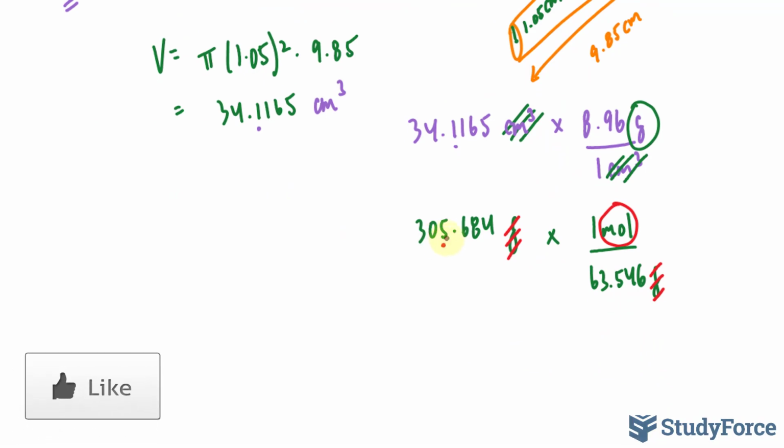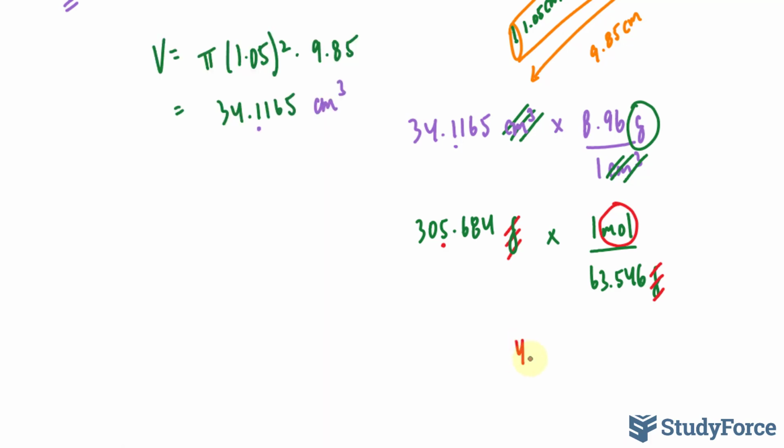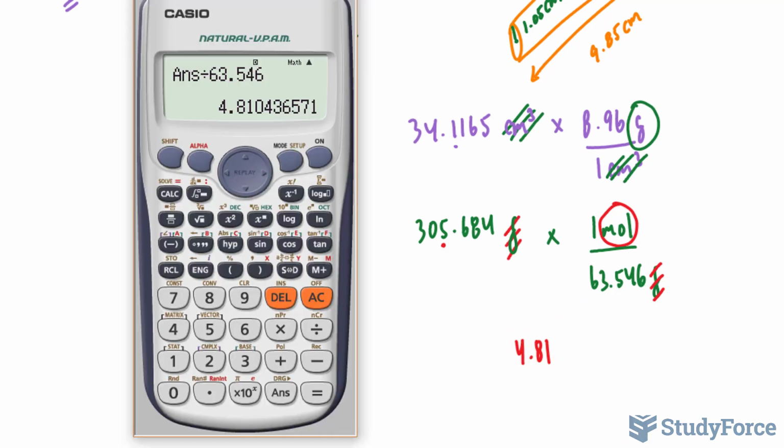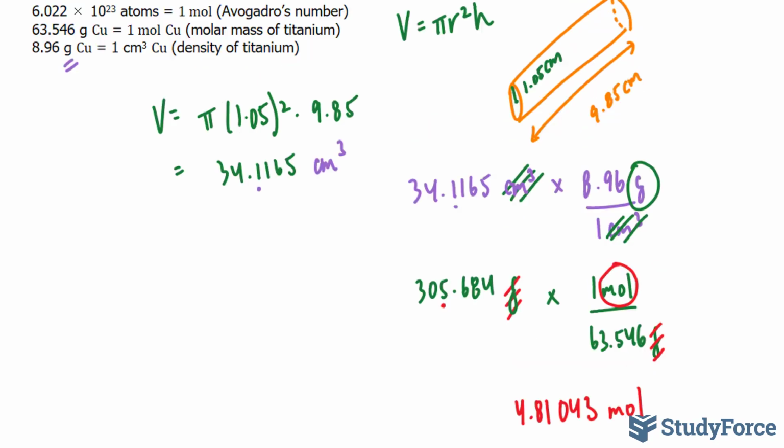I'm going to put a dot underneath this 5 just so that I can keep track. 305.684 divided by 63.546. This gives me 4.81, and let's write a few more numbers. 4.81043 moles. I have the number of moles.